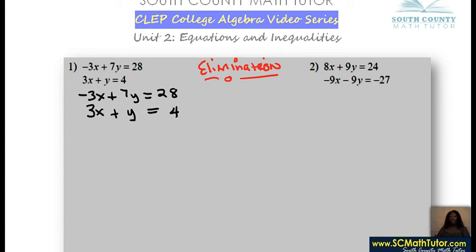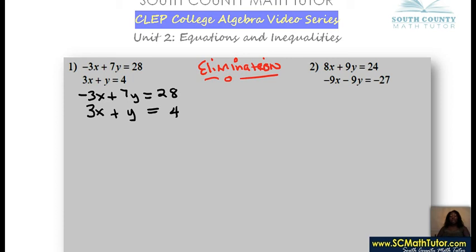Usually when you see that the variables are aligning, so all the x's, all the y's, all the numbers, elimination will probably be the easiest method. You want to use the method that is the easiest.